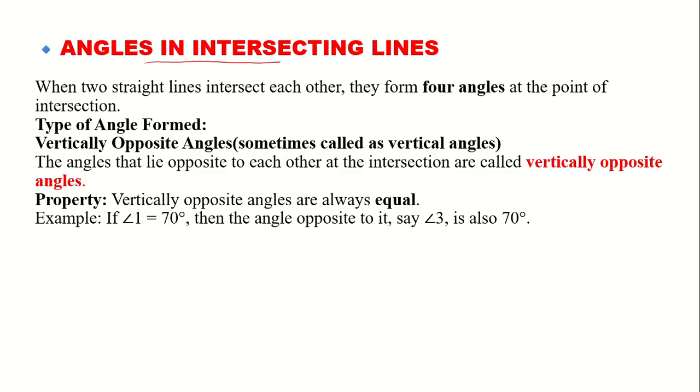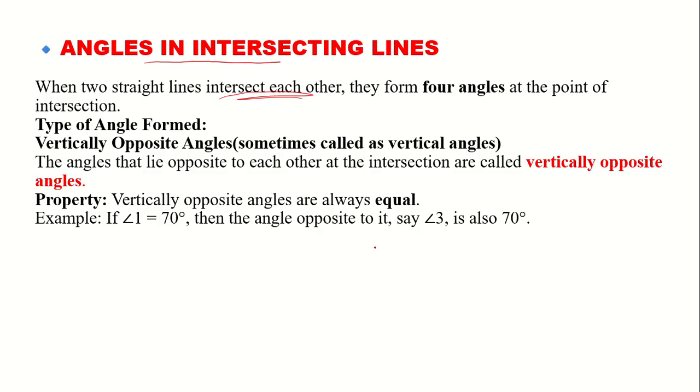Coming to the definition of this, it is when two lines cross each other, they form four angles at the point where they meet. Or else you can say that it happens when two straight lines intersect each other.